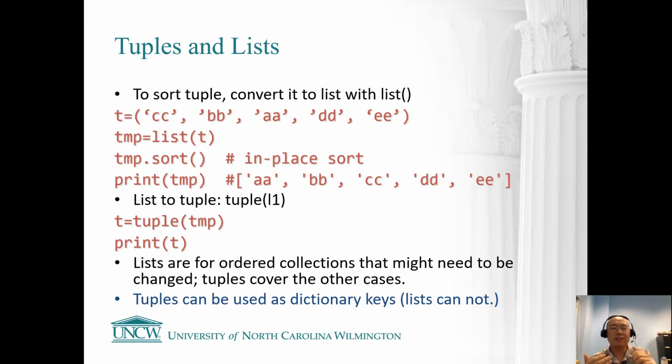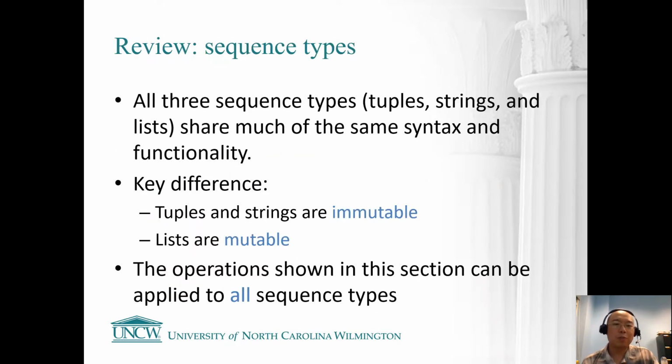And here is also another reason. Tuples can be used as dictionary keys, because dictionary keys require immutable data. Okay, and what is a dictionary? Hold this question, because we are going to talk about that in the last two lectures. Okay, so let's move on.